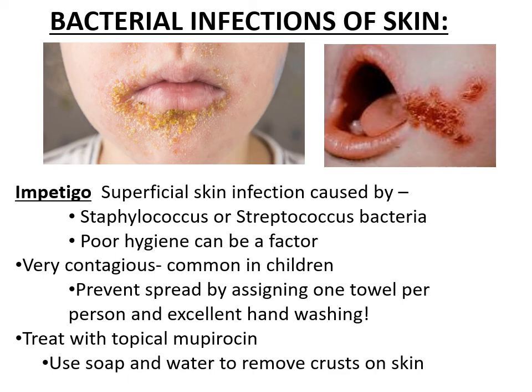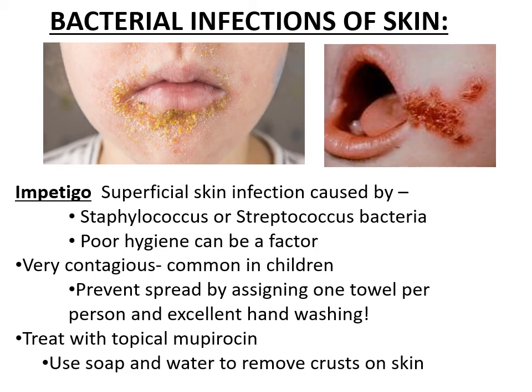And impetigo is much more common in children. They kind of get closer to each other, they're hugging each other more, and this really spreads through schools, especially kindergarten and the earlier years in school. Okay. Now, poor hygiene can be a factor, but often it's not, because it's quite contagious from child to child.